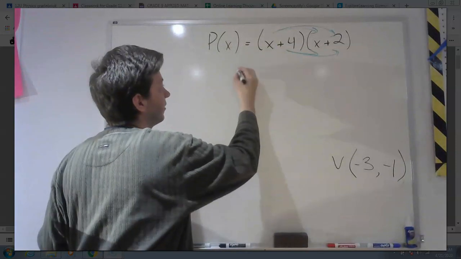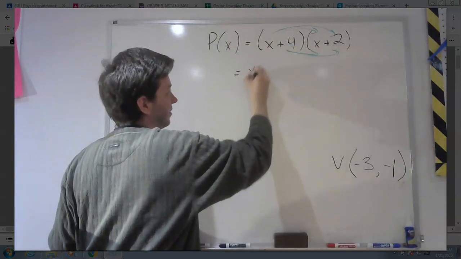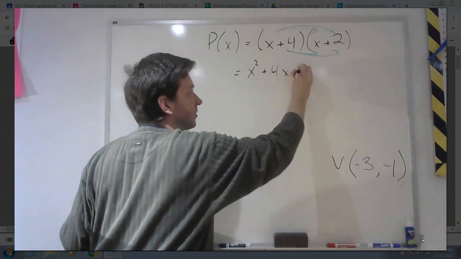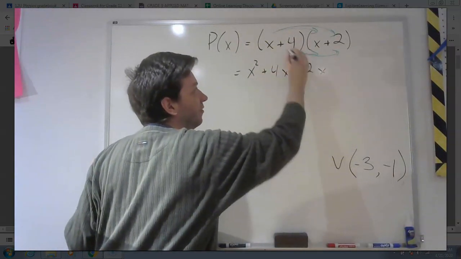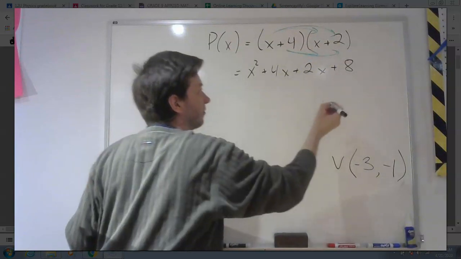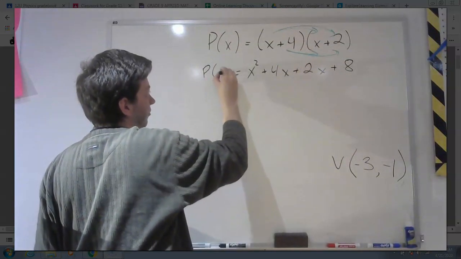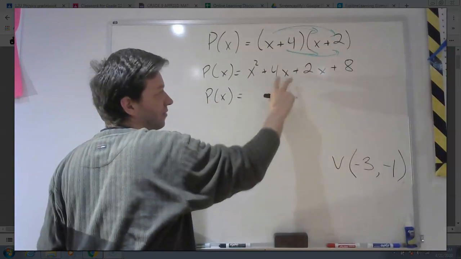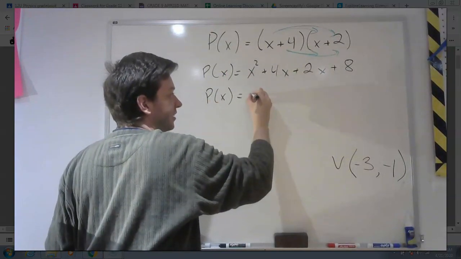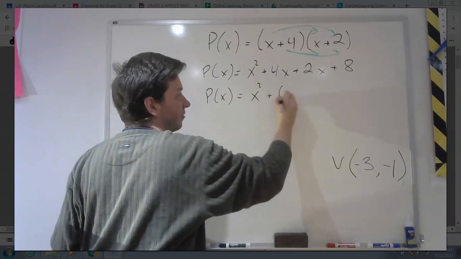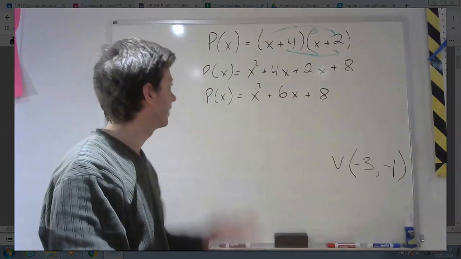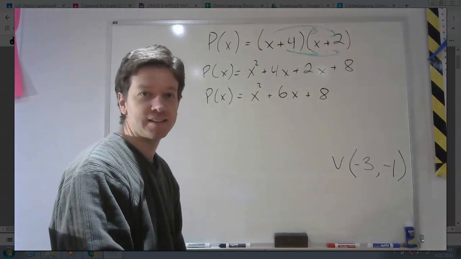So we have x times x gives us x squared, 4 times x, 4x, 2 times x, 2x, and 4 times 2 is 8. Collect like terms. So we have a 4x and a 2x, which gives us 6x. And that's it. That is in standard form.